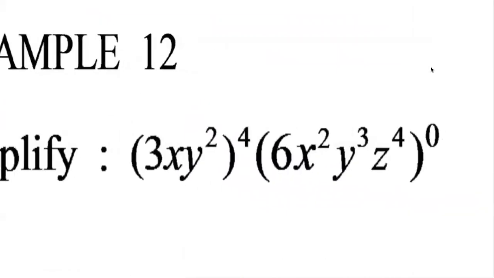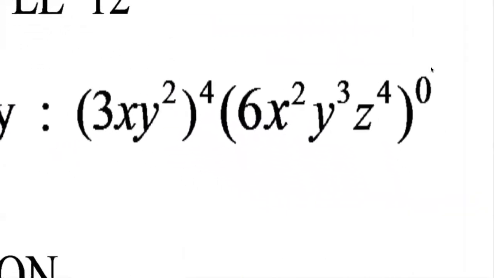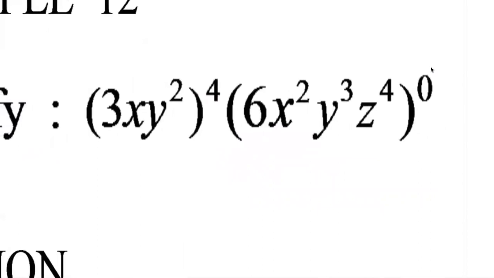Now this one looks like it's going to be just terrible to solve because it's massive over here on the right. But you have to remember, if it has parentheses and it's got an exponent on the outside, that exponent applies to everything on the inside. So even this 6, which remember, if it doesn't have an exponent, it's an understood 1, everything's going to get multiplied by that 0.